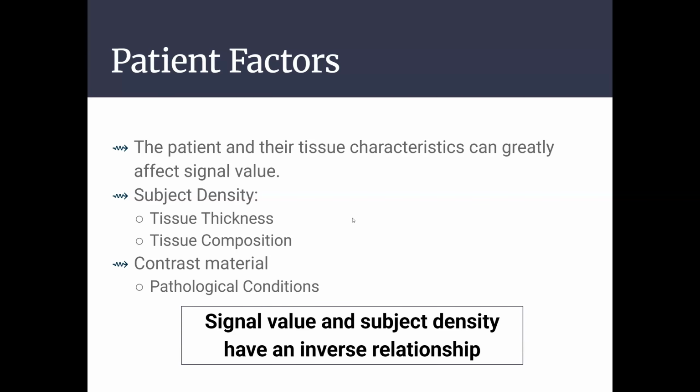So signal value and subject density have an inverse relationship, meaning that as the subject density increases, the signal value will decrease. So as the subject density increases, the signal value at the image detector decreases. So inverse relationship, okay? And we'll go.